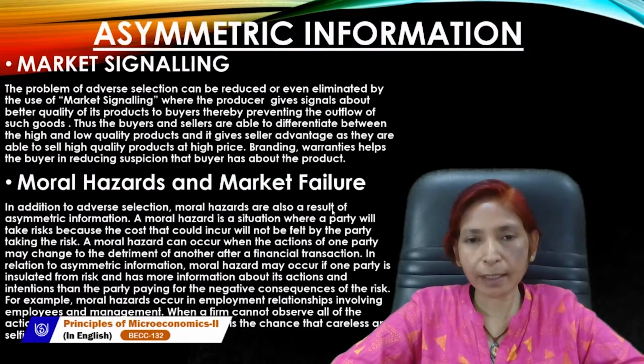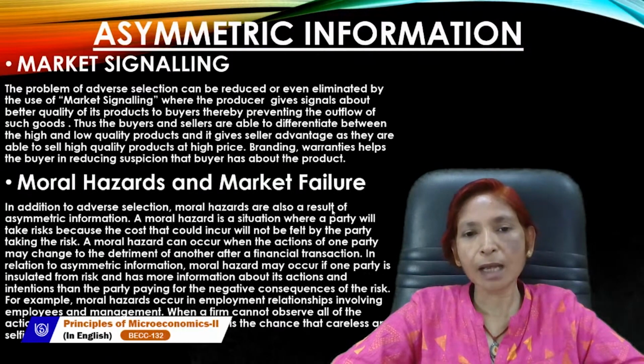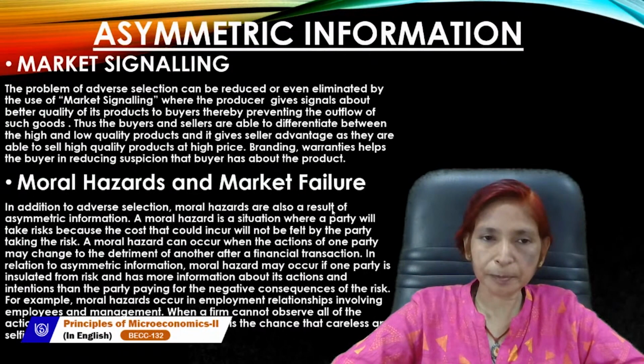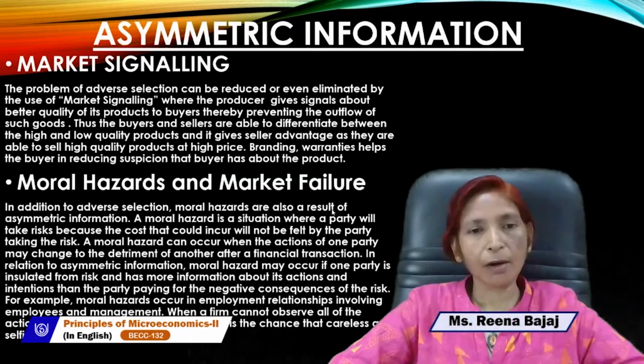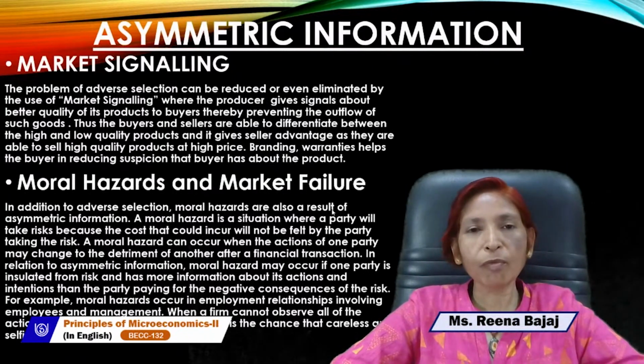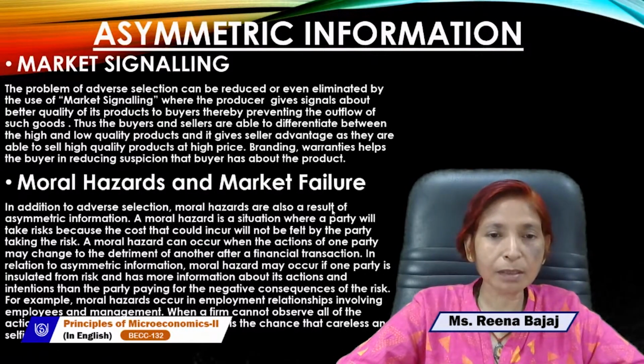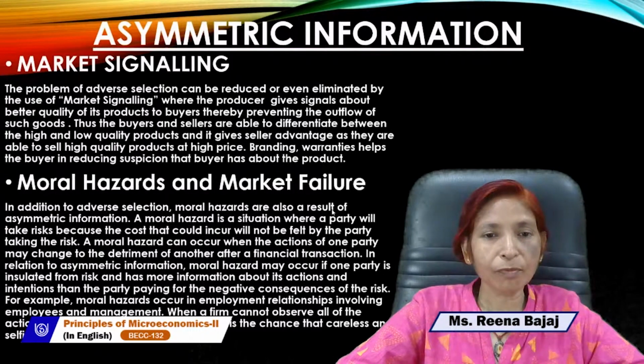Branding and warranties help the buyer in reducing the suspicion that the buyer has about the product. As you are aware of these things, what is branding: always people want to buy that product which is available in the market, which has a very good branded product, solving the problem of adverse selection, because that product is branded. It means a branded product will satisfy your need or want.